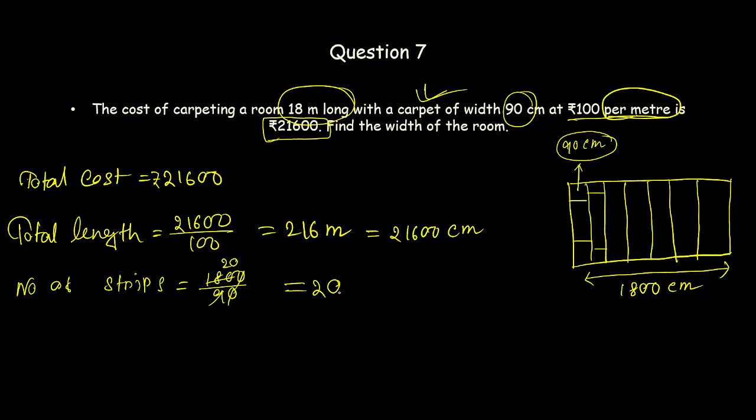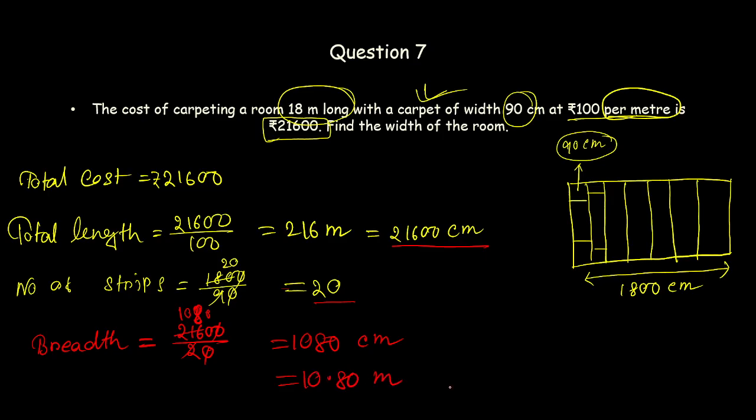So the number of strips is 20, and the total length of that carpet is 21600. So the breadth will be how much? 21600 divided by 20, that is 1080 centimeter. If we consider it in meter, that is 10.80 meter. You got your answer.